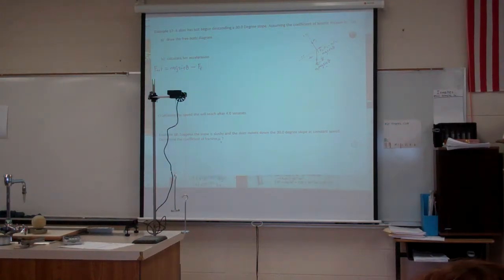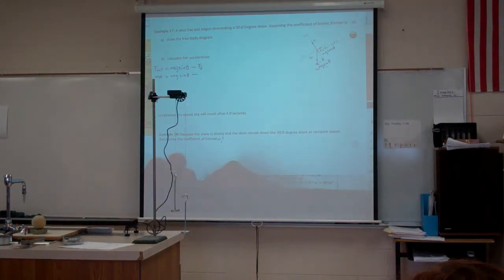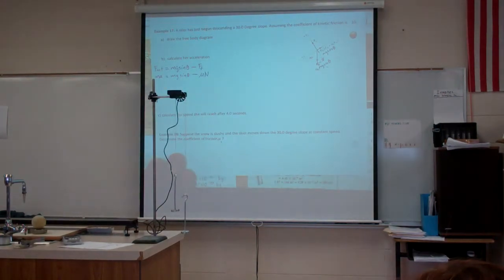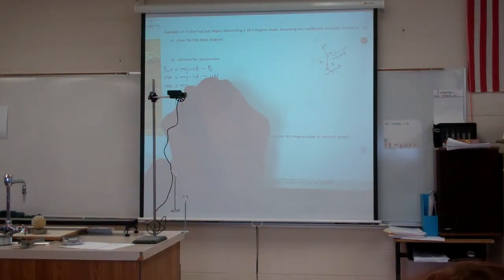Now what can I always replace F net with? MA. So we'll say MA equals mg sine theta, and instead of writing friction, let's put the fun equation: minus mu times the normal force. We'll leave that as MA, we'll leave that as mg sine theta, and we're breaking this apart one step at a time.